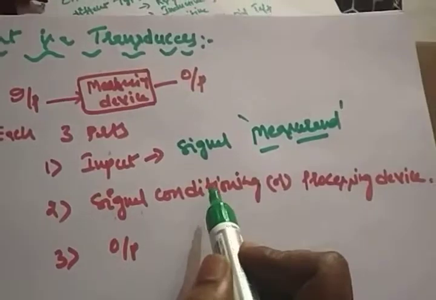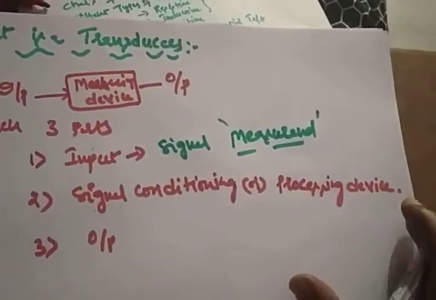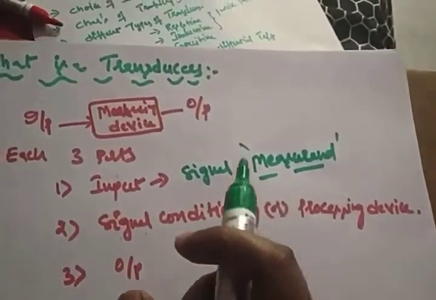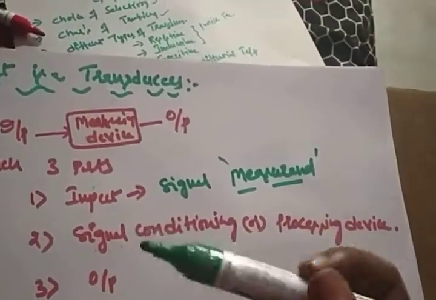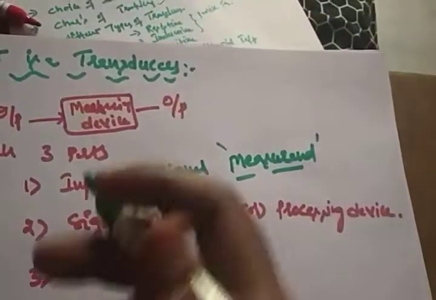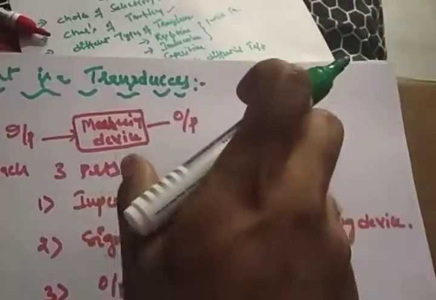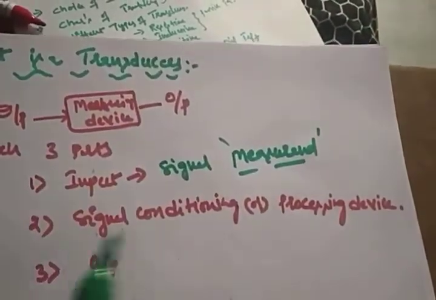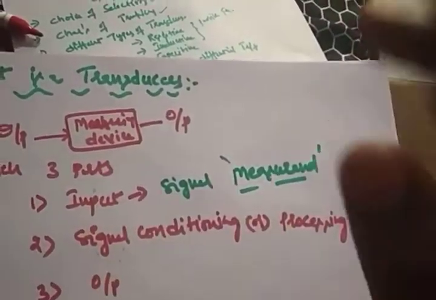Next, the signal conditioning and processing device. Signal conditioning modifies the signal. It can amplify the signal, filter the signal, and modulate the signal according to the function of the device. It can also attenuate the signal.